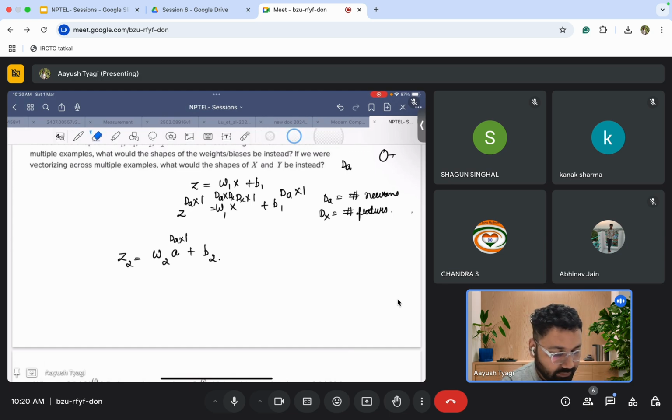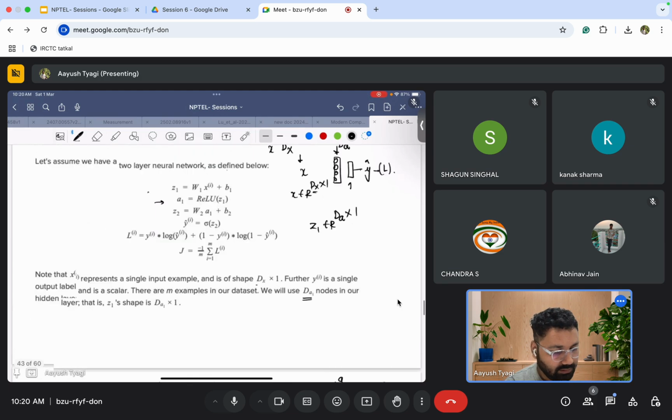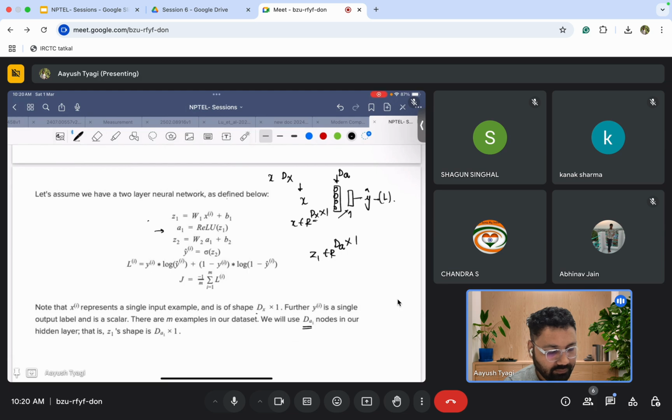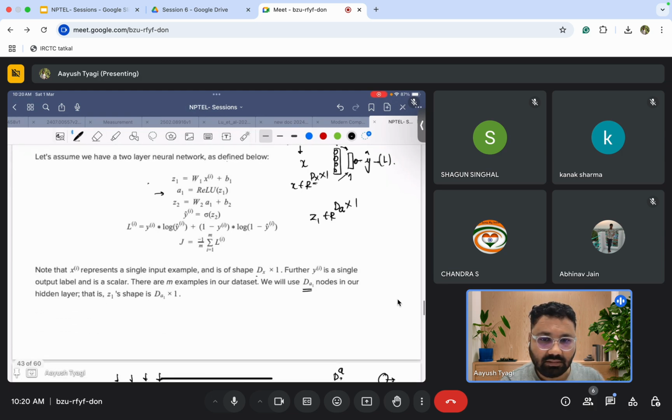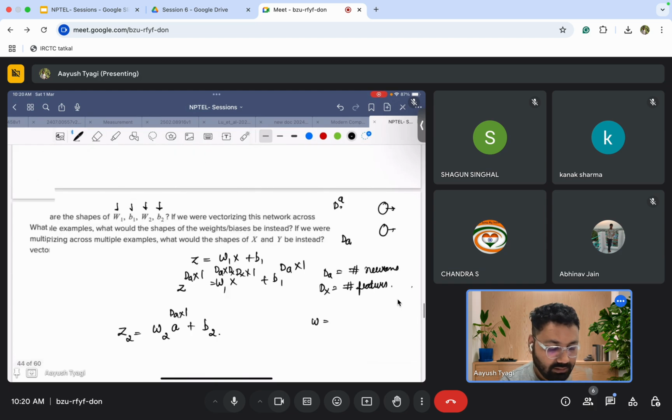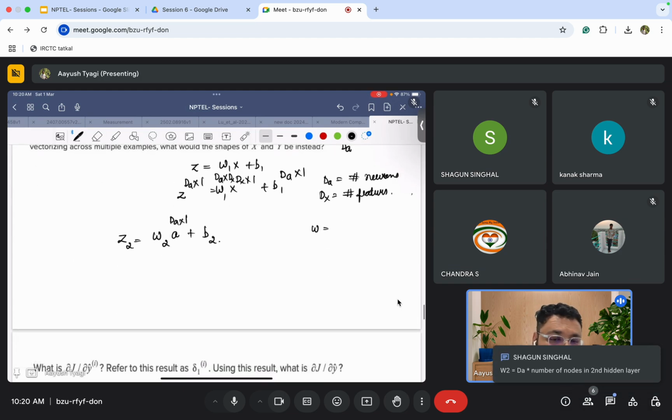In W2, we are mapping the hidden layer to Y, right? You have dA neurons coming in, and we output a single neuron, which predicts the Y hat. Because Y hat is a single scalar output, we have to map to it.